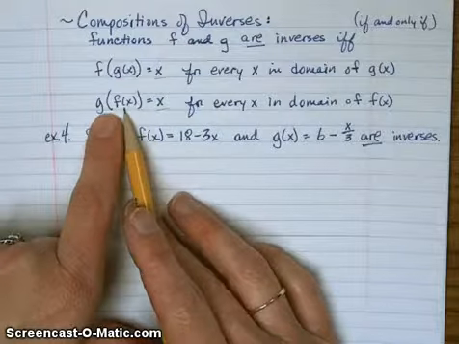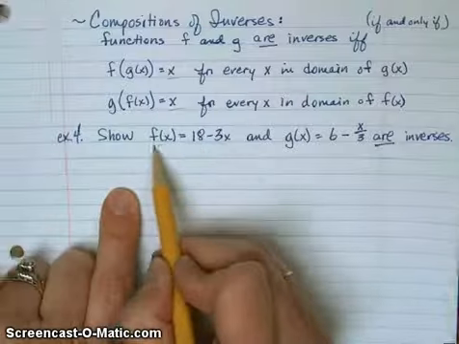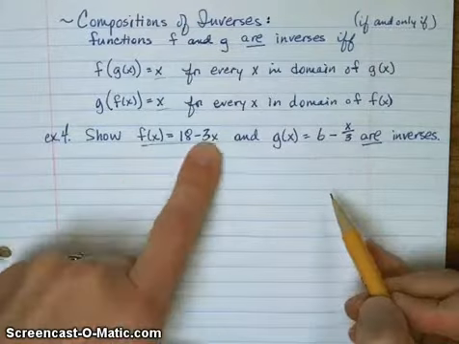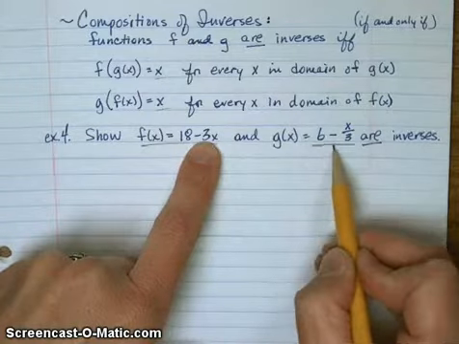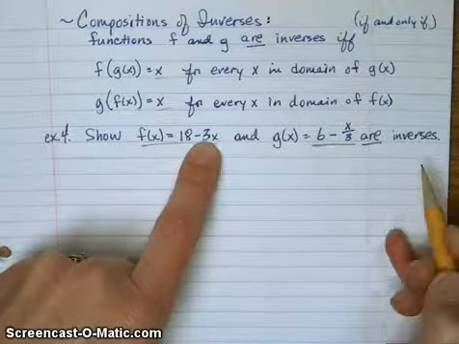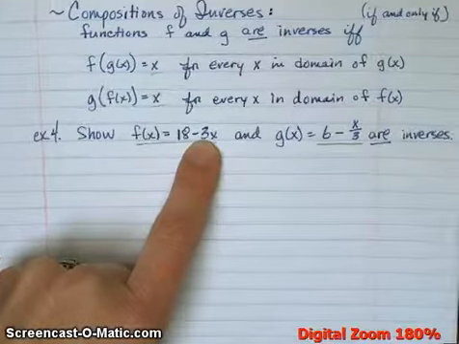Let's try that with this example. This is our last example. Here's function f, 18 minus 3x. Function g is 6 minus x over 3. We want to show that these are inverses of one another.